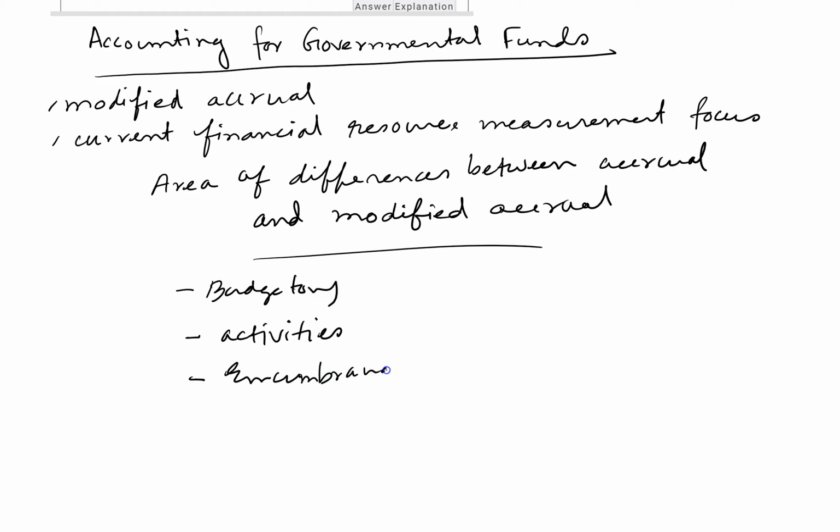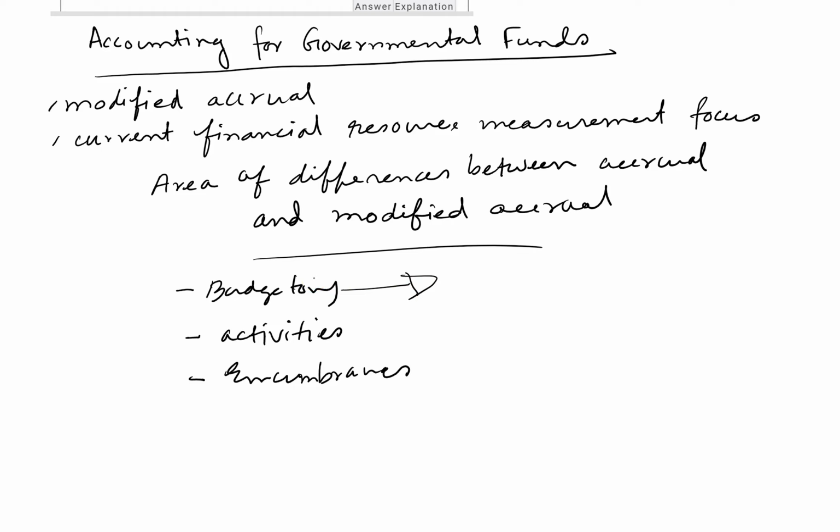So for budgetary control, for accrual accounting we actually don't record it, but for modified accrual, governmental funds actually record all those budgets. They do the journal entries for the budgets, and basically the main purpose is to control their spending.